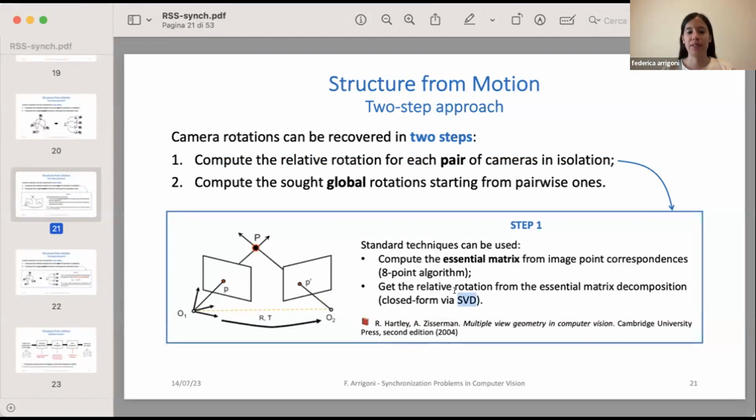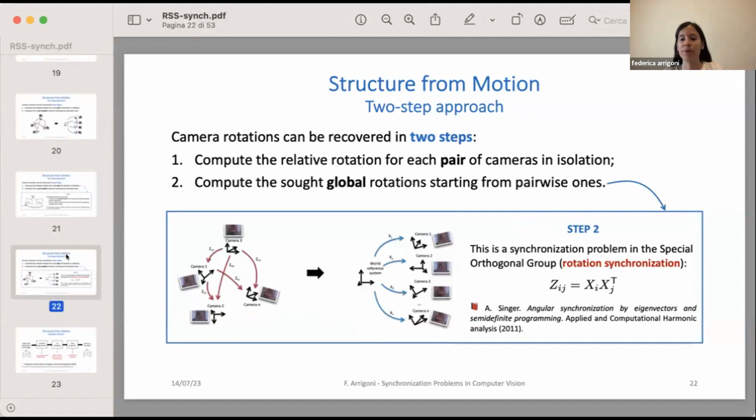Then, after this has been done, we can go to step 2, which is exactly a synchronization problem. In particular, this is a rotation synchronization, since we are dealing with rotations, where the consistency constraint has the matrix transposition in place of the inverse due to the structure of rotations.